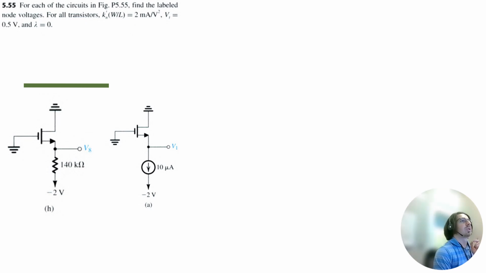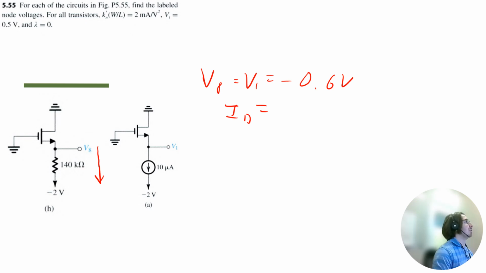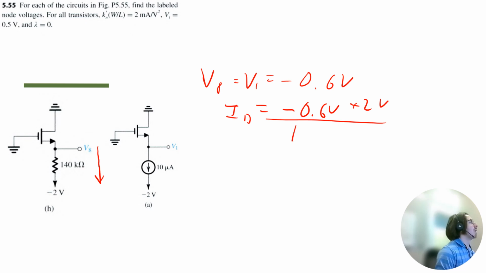So I think because of that, we can just state that V8 is equal to the value we got for V1, which was negative 0.6 volts. And this does check out, because if we try to calculate the drain current across here, that would be negative 0.6 volts minus a negative 2 volts, so plus 2 volts, divided by 140 kilo ohms, and sure enough, that's 10 microamps.